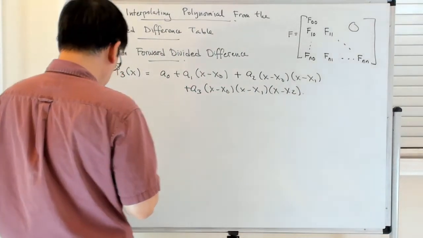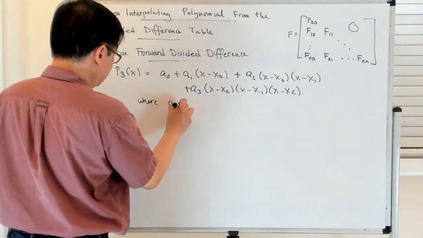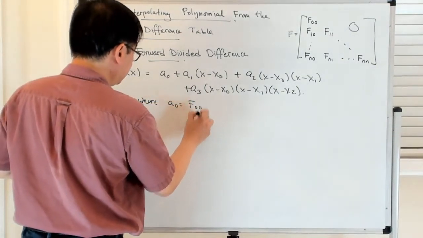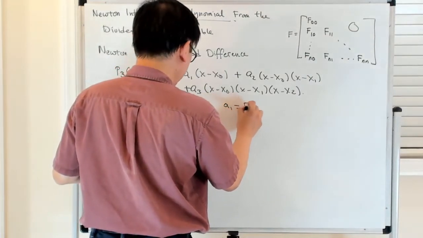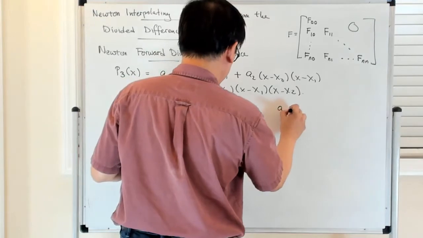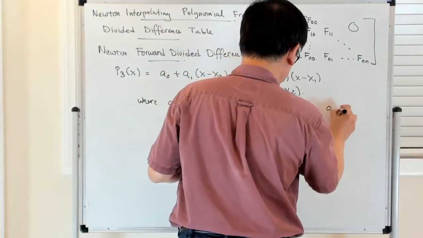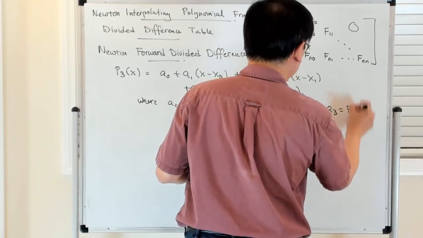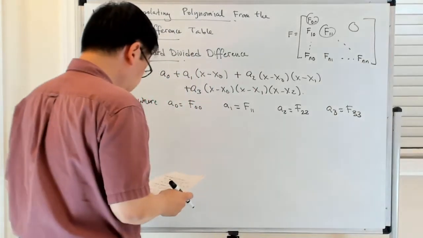Here a0 is f00, a1 is f11, a2 is f22, and a3 is f33. These are the diagonal entries.